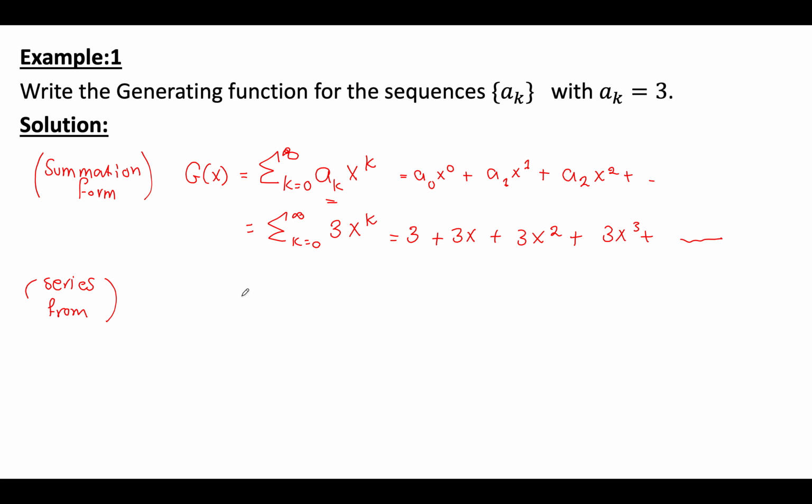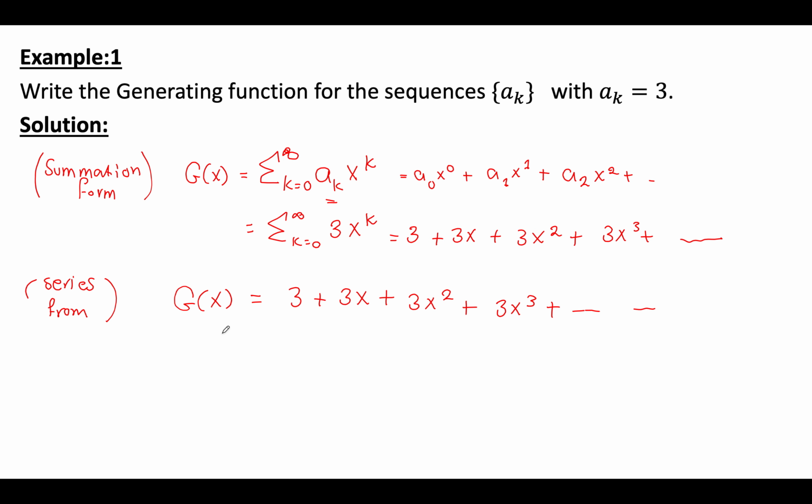So here the generating function J of x is equal to 3 plus 3x plus 3x squared plus 3x cubed plus etc., because it's infinite.